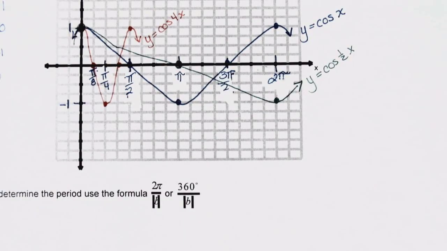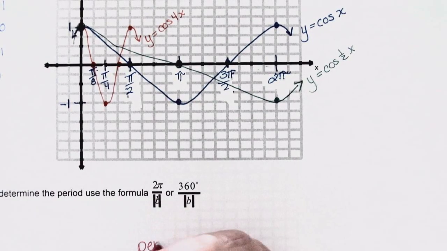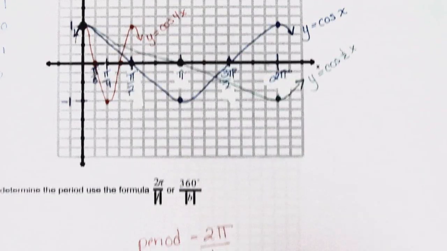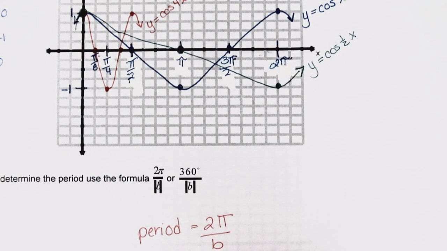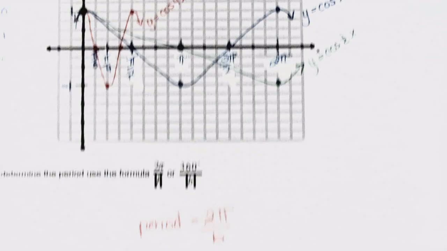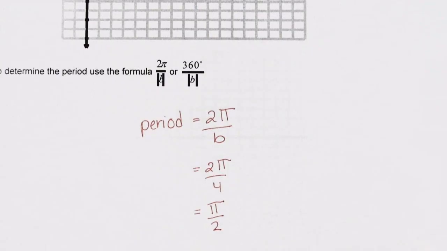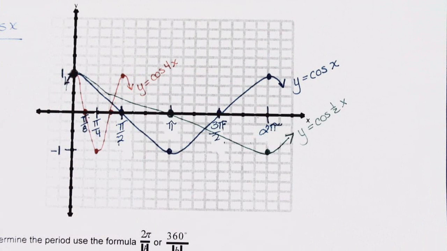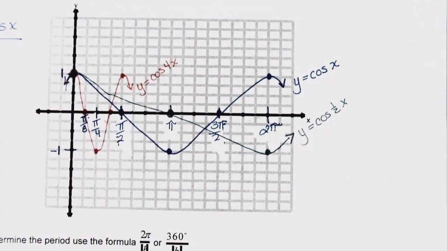So if we're finding the period of the red graph, period is equal to 2 pi over b, 2 pi over 4. So I know that my period is pi over 2. And if we look at that, it hits a max to a max at pi over 2. Are you back in? You know what's going on? Yes. Look at that.